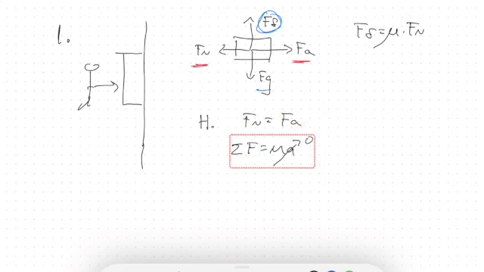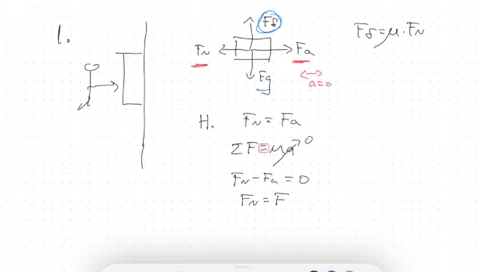It's not moving to the right or the left, no acceleration. And the sigma forces is Fn minus Fa, which gives us Fn equals Fa. And that is 45 newtons from the question.